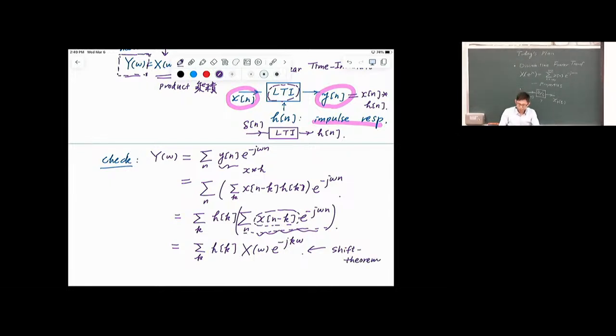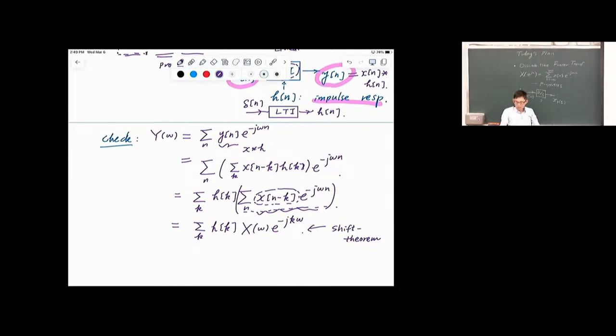Okay, we're applying it. And what's next? Now X of omega does not depend on k, so we can move it to the outside of the summation. What remains inside is the summation over k of e to the minus j omega k. Whichever order, it doesn't really matter. And this is nothing but the definition of the DTFT of h.